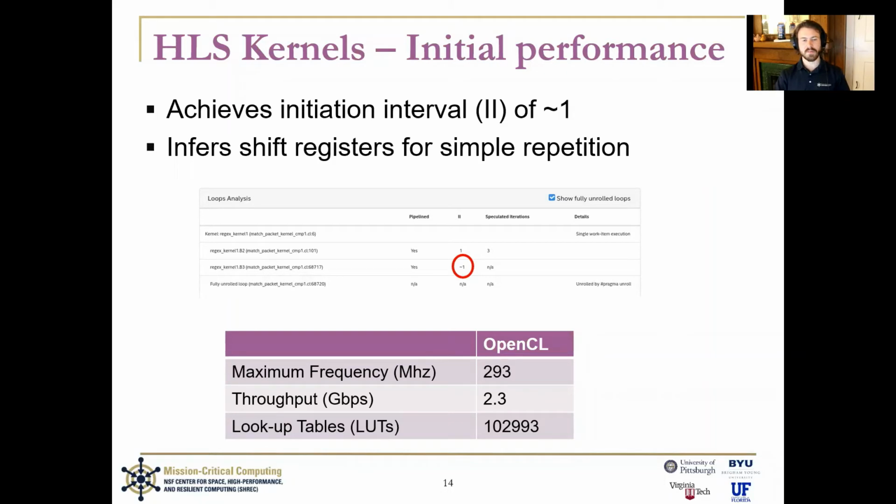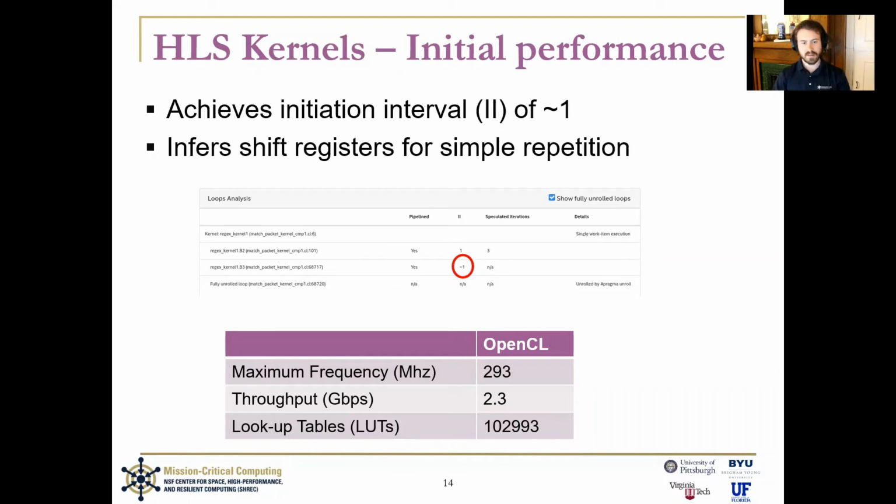Looking at some initial performance from the compiler, we can see that the initiation interval of the main NFA computation loop is 1. This means that on every clock cycle, a new input character is read in and fed through the parallel transitions of the NFA.